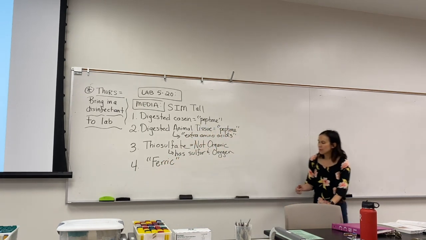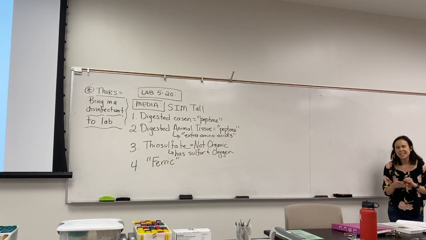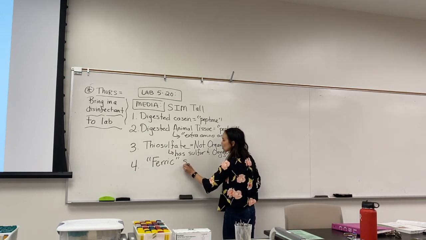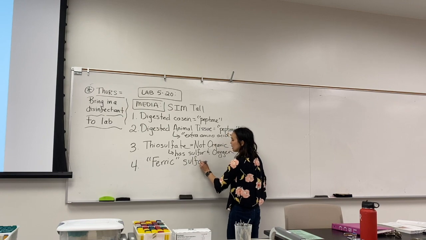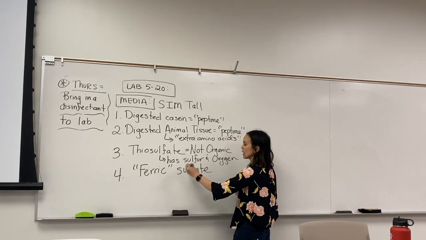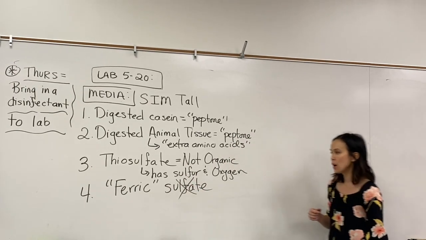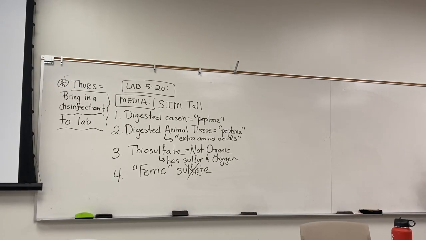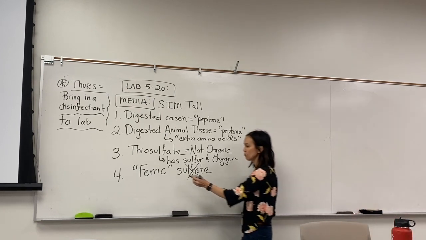In all the other labs though, it's always been ferric citrate. Here it's technically ferric sulfate, but I don't want you to worry so much about the sulfate part. For quizzes, if we said ferric citrate instead of sulfate, that's fine. The most important part is just the ferric.